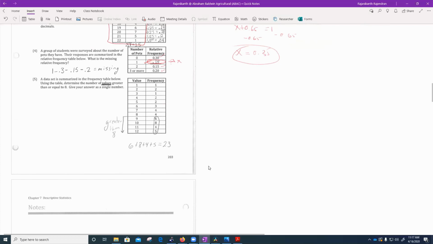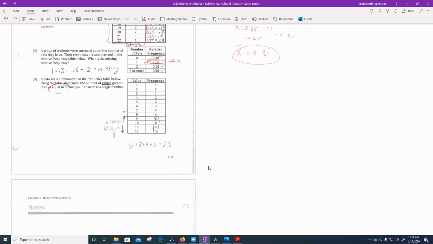The next one. The data set is summarized in the frequency table here. Using the table, determine the number of values which are greater than or equal to 8. Give your answer as a single number. The question is typically asking how many data values are there which are greater than or equal to 8? Oh, you have to include 8 also. So my answer is not correct. I did not include 8.